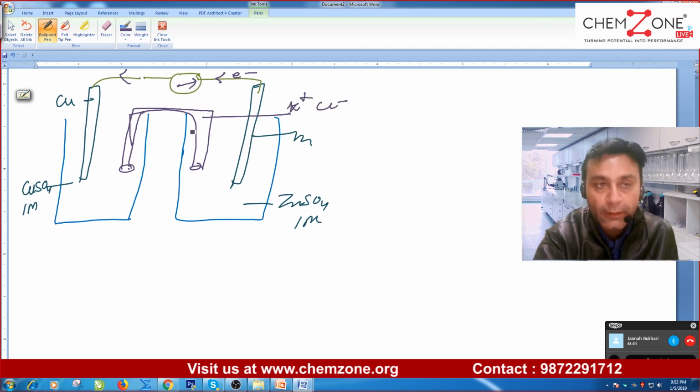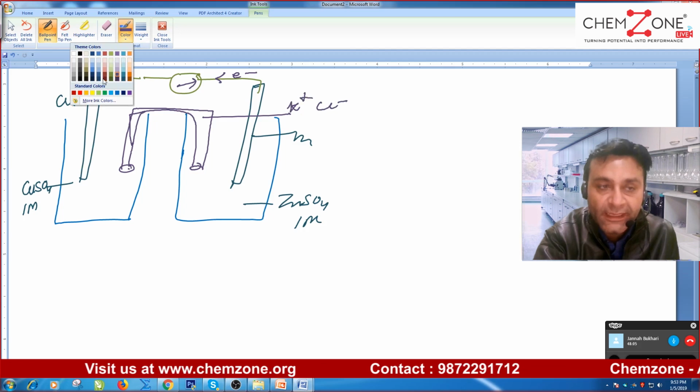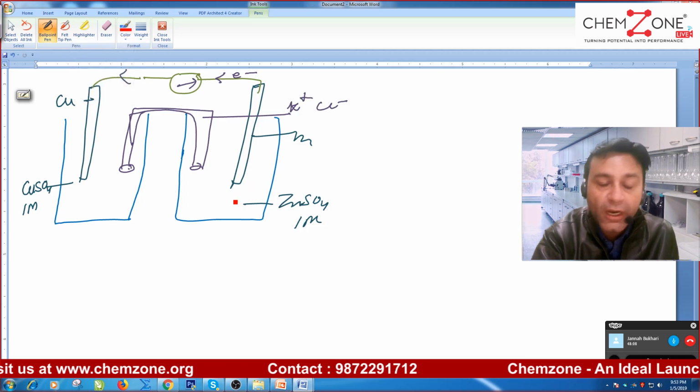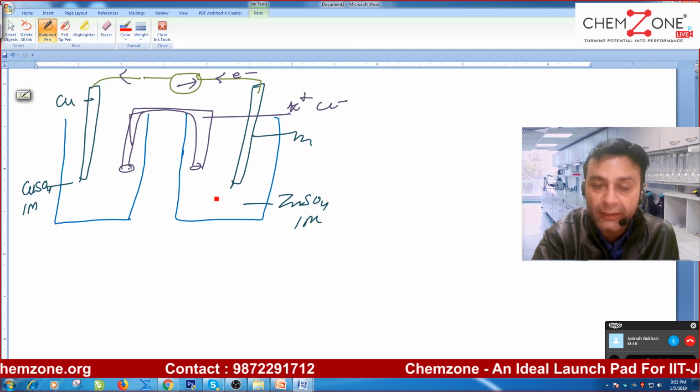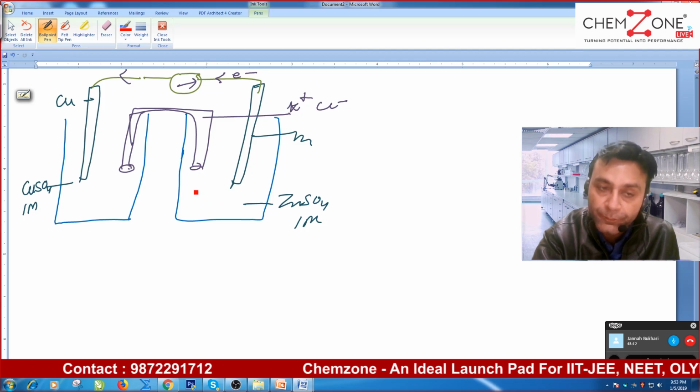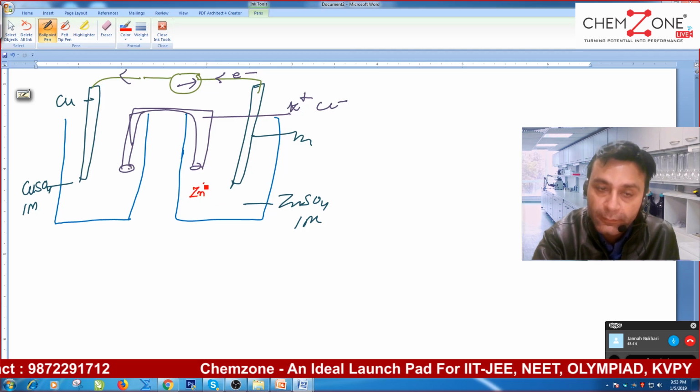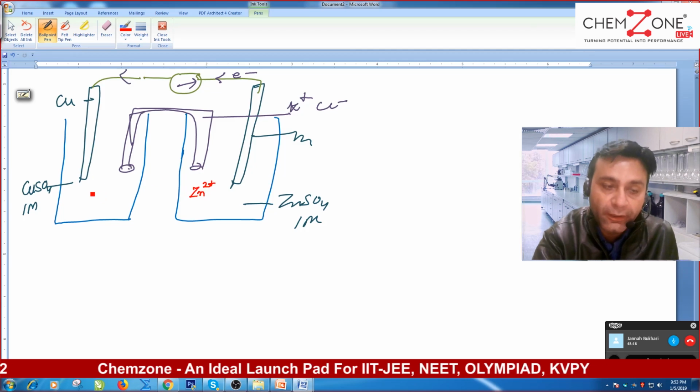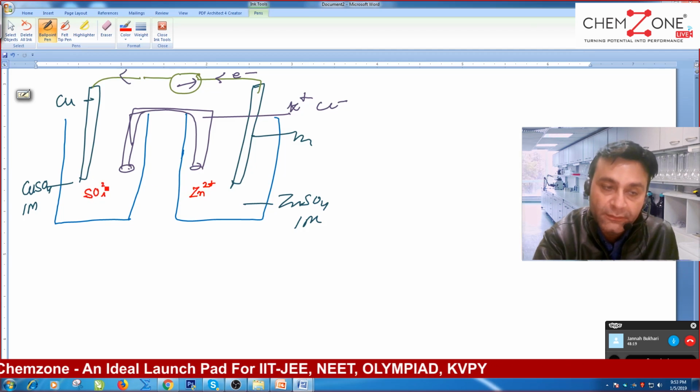Now, in the process while the cell is going on, which ion concentration is increasing in the zinc sulfate solution? This zinc ion. There are extra zinc ions, and here we have an excess of the sulfate ions.